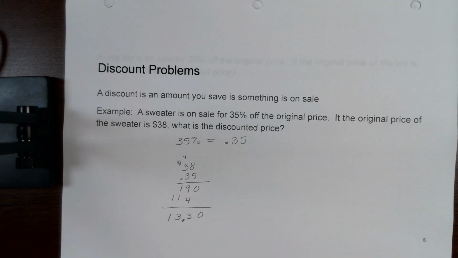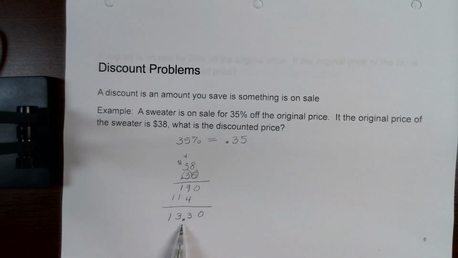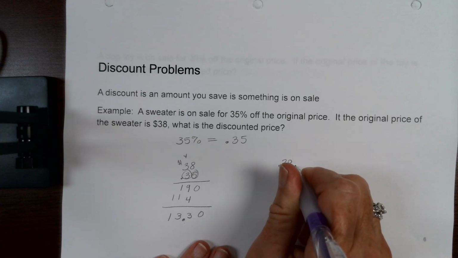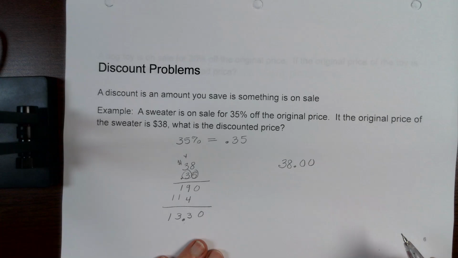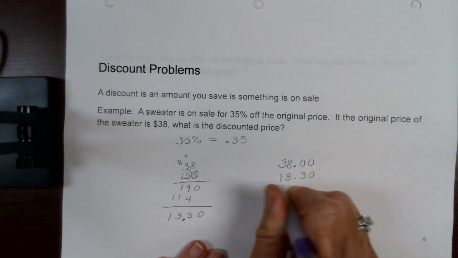So I've got a decimal 2 places in because there's 2 places to the right here. So I am going to save $13.30 on this sweater. So I take the original cost, and I can add the 2 zeros behind it, and I'm going to subtract $13.30.